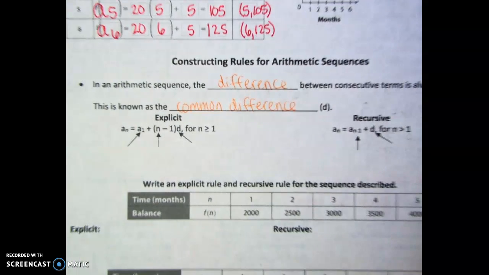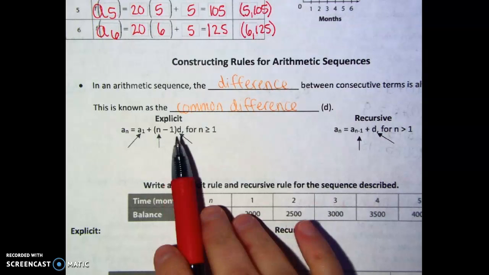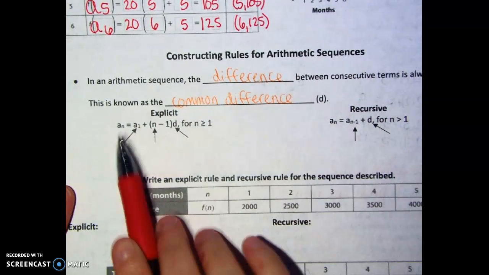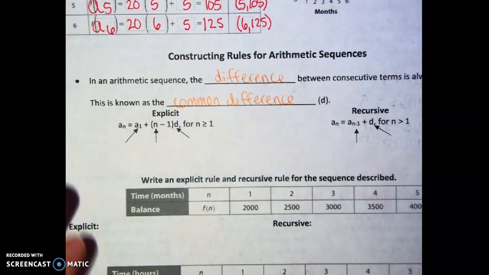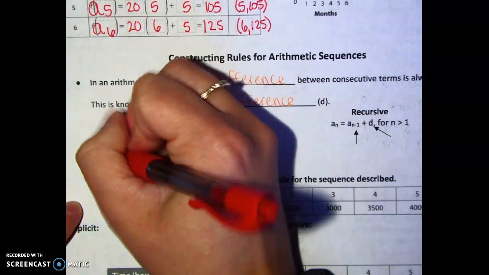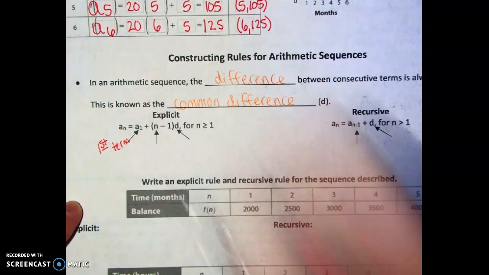Okay, now we get to label some things. Let me get the red pen out for this. So here's an explicit rule. Here's the recursive. We just need to label what each thing represents. So a sub 1, that is the first term.